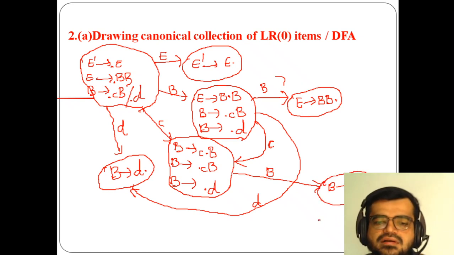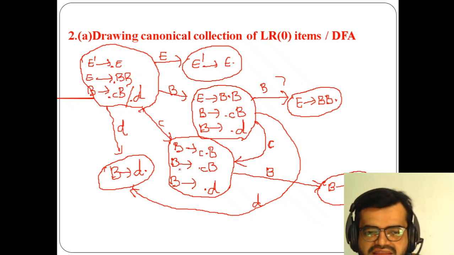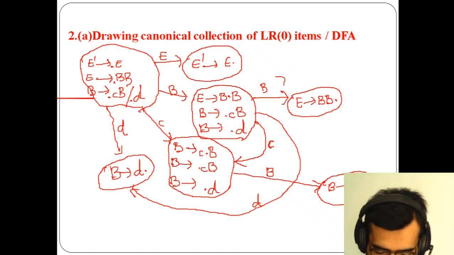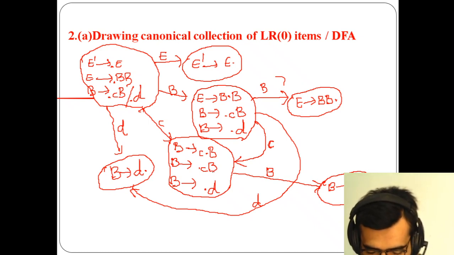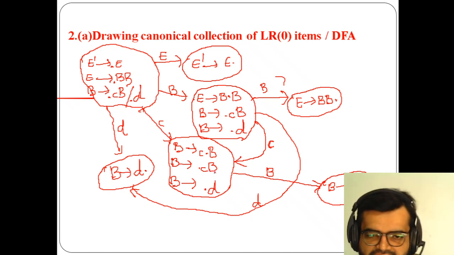Okay, now if you go with the second production, B of dot CB, if I take C dot B, I have to read B. So when I'm reading B again, what will happen? If I'm moving C, the same thing will happen, right? C dot B, the same content will happen.